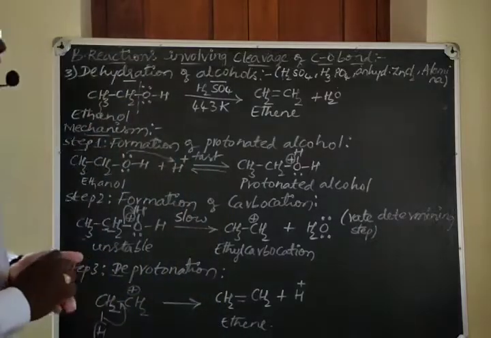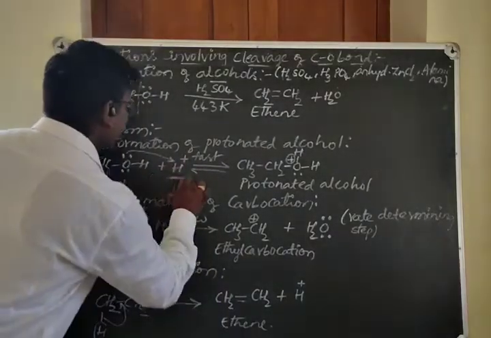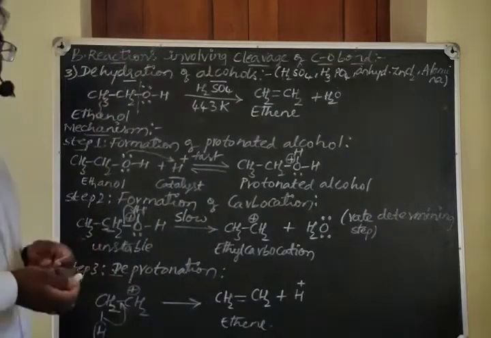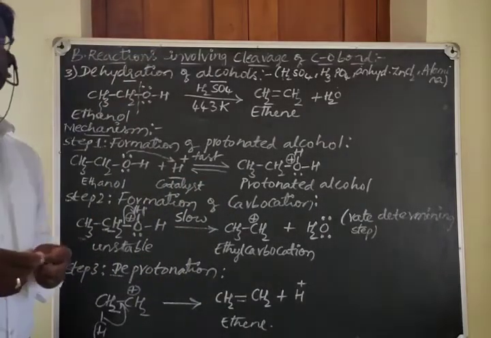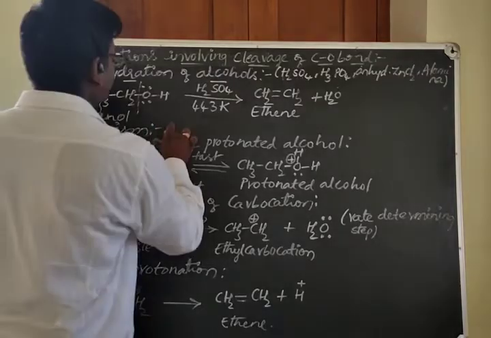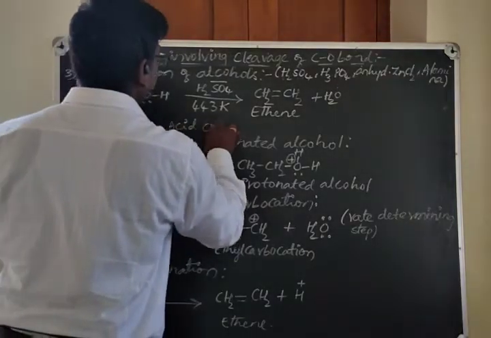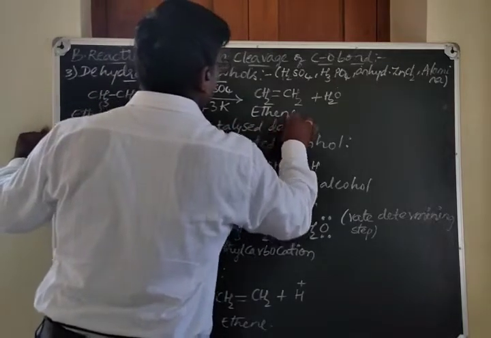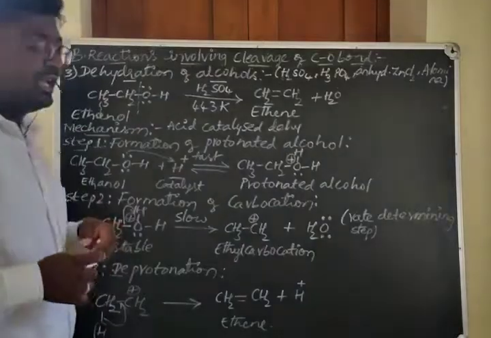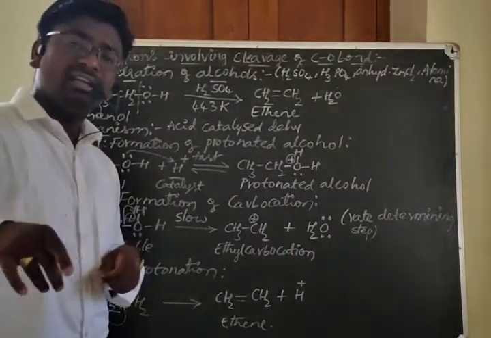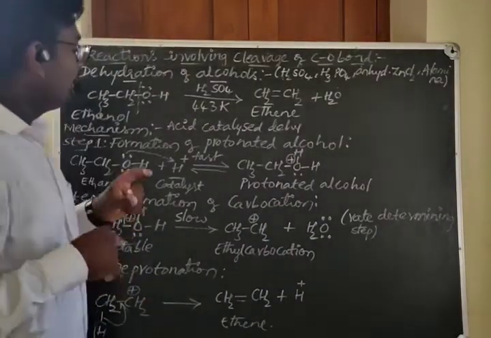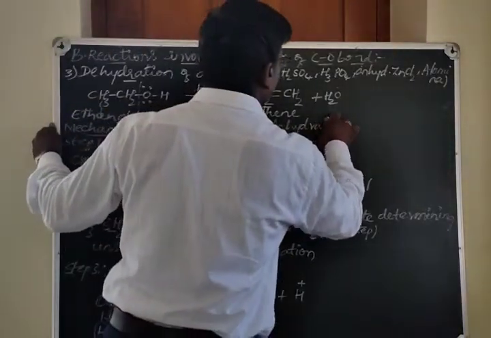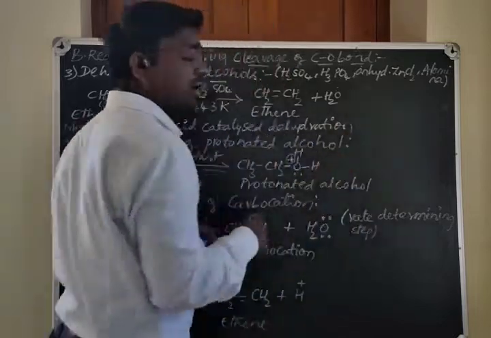Now when you observe this mechanism, the H plus ion here is acting as a catalyst, so we can call this acid catalyzed dehydration. In the previous discussions, we have seen the acid catalyzed hydration of alkene to alcohol, but this is acid catalyzed dehydration of alcohol to alkene.